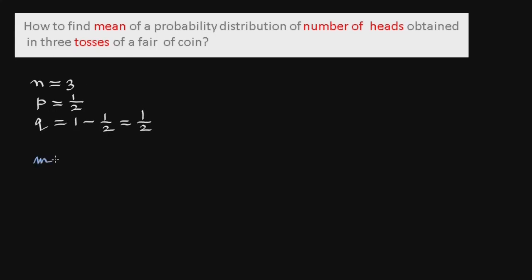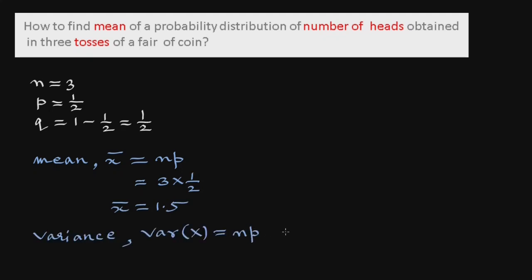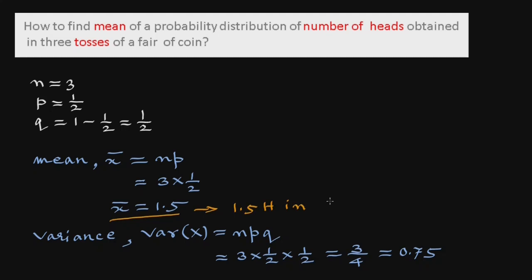Mean is np, 3 into half, 3 upon 2, 1.5. Variance is np into q, 3 into half into half, 3 upon 4, 0.75. Mean is 1.5, which means we expect 1.5 heads in 3 tosses.